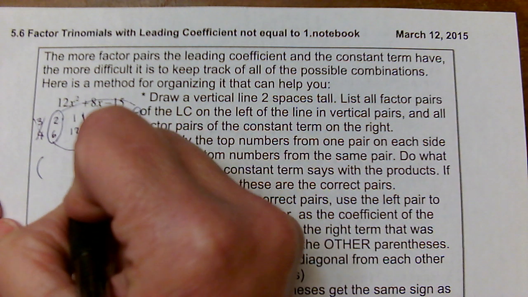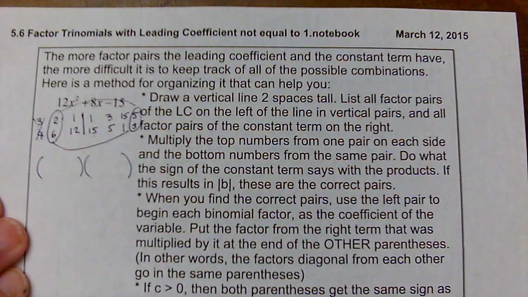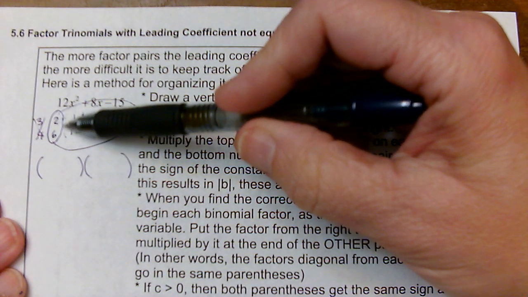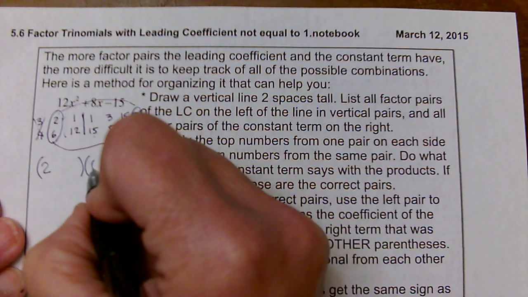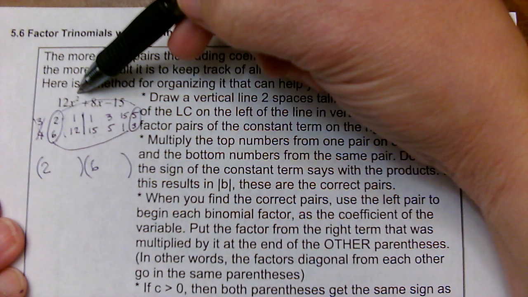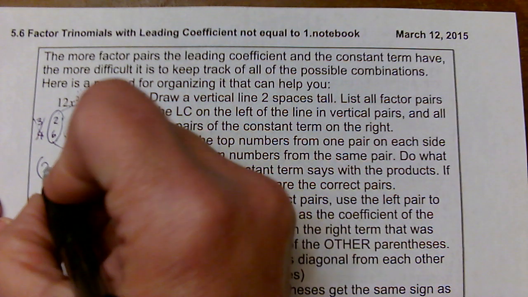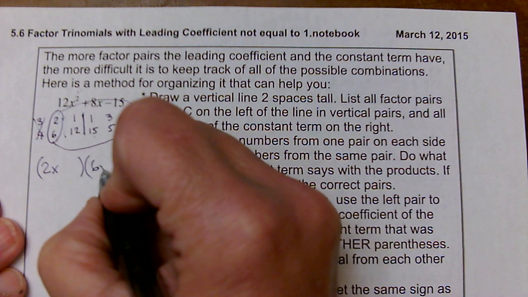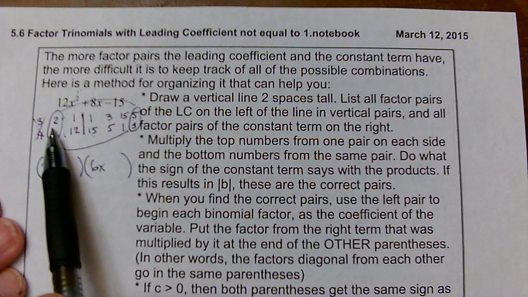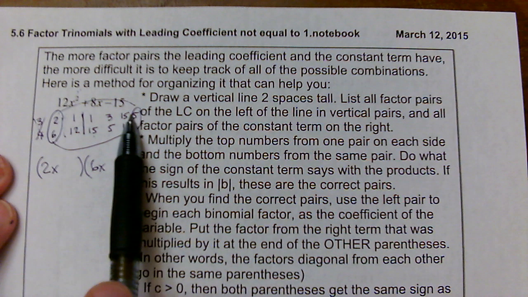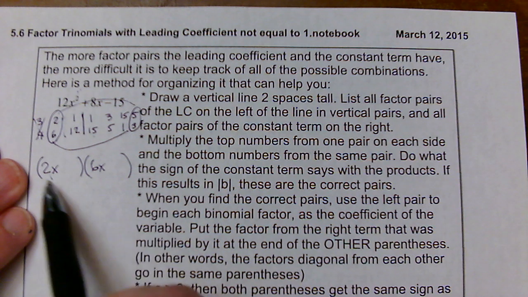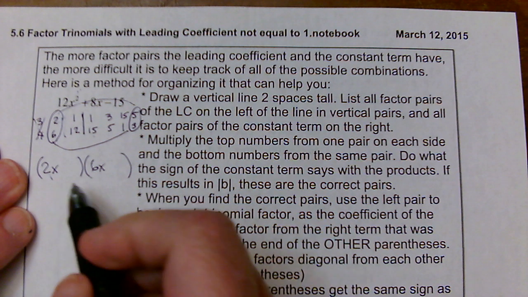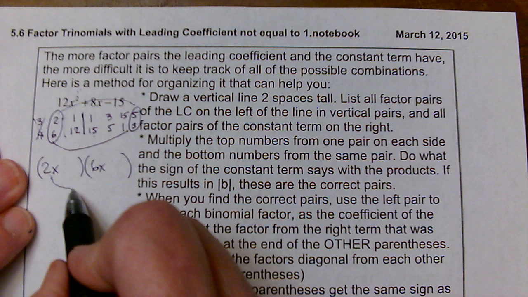So now I put my two sets of parentheses. The two numbers from the left side go at the beginnings of both sets of parentheses with whatever variable you were using, but not squared. The 2 was multiplied by the 5, so that means they cannot be in the same parentheses together because the things in the same parentheses do not get multiplied together.